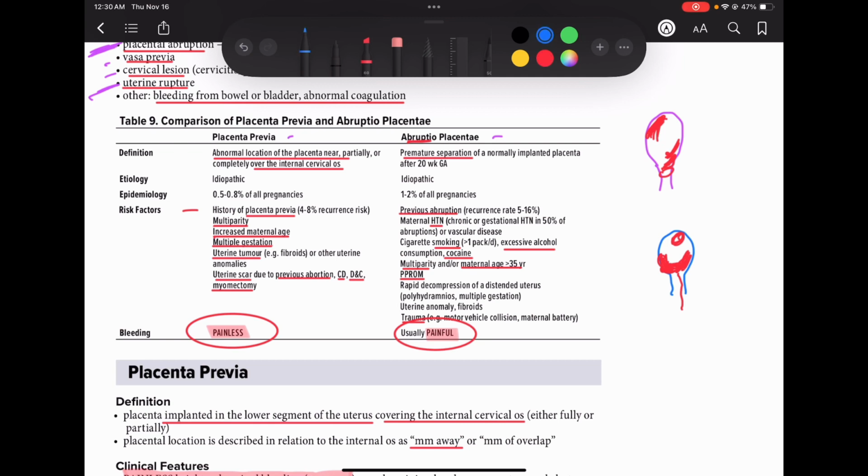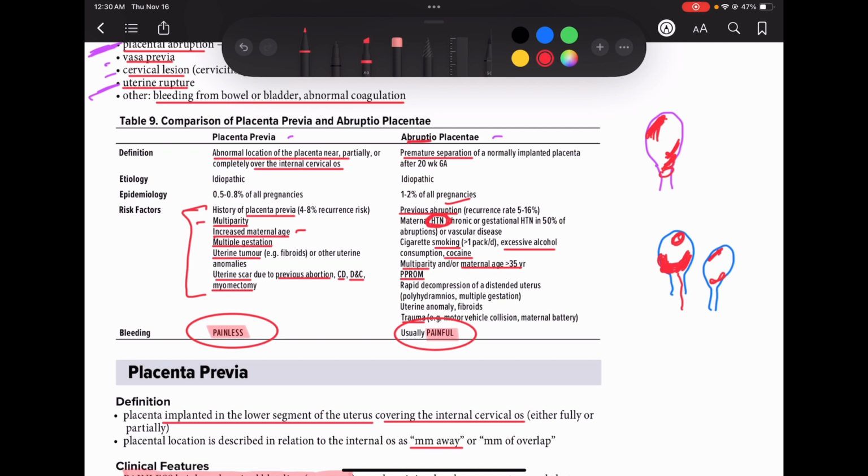And then what if there's multiple gestation? So multiple gestation, if one baby's placenta inserted here, other might be inserted here. So multiparity, increased maternal age, multiple gestation, uterine tumor, these are some risk factors. Talking about abruptio placentae, previous abruption, maternal hypertension. Hypertension is very important in abruptio placentae.